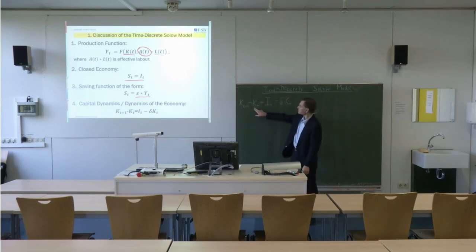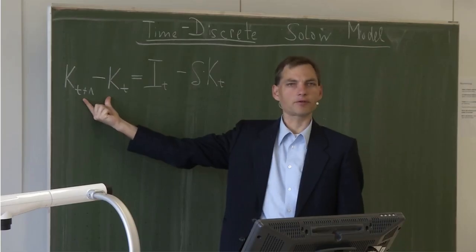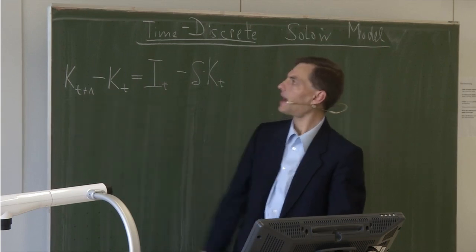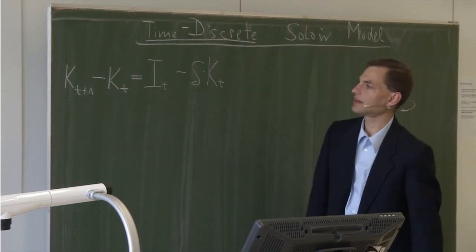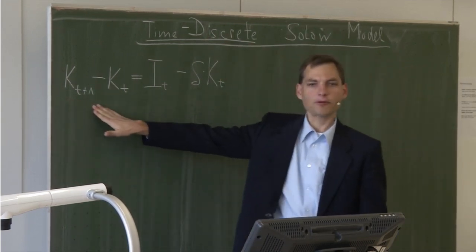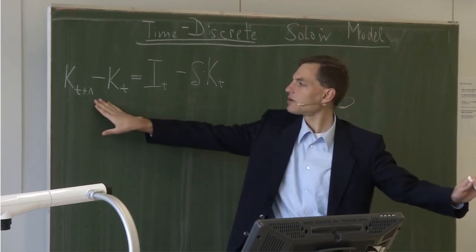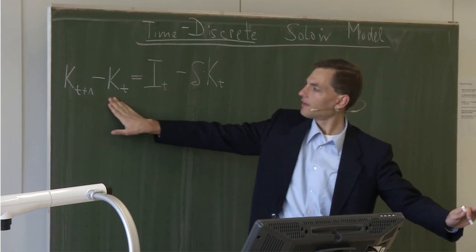This is the change of the capital stock over time in discrete terms, period t plus 1 minus period t. If t plus 1 and t are very close together, that is what we call continuous mathematics, then this becomes the derivative, this K_t dot. But now we have explicitly this time difference because we are in the discrete case. So the key difference to the model we already discussed is condition 4, that we have here the difference and not the derivative.